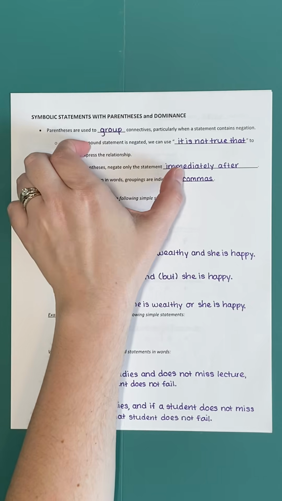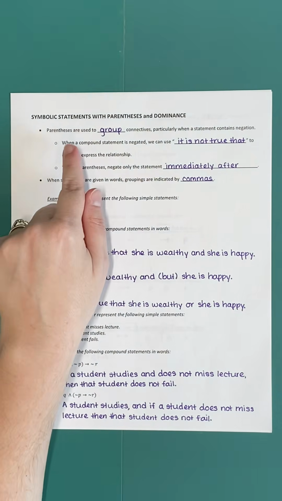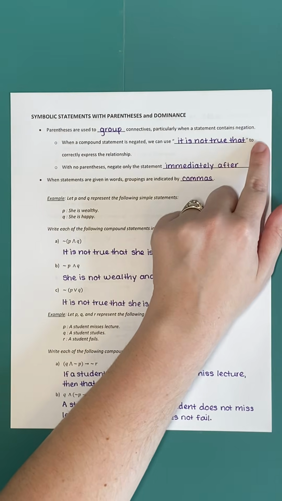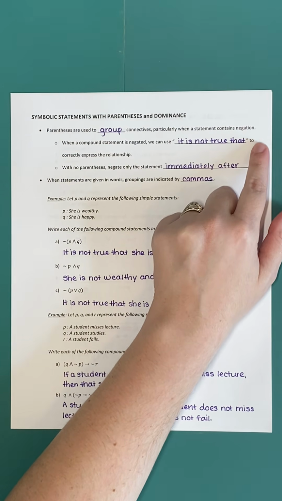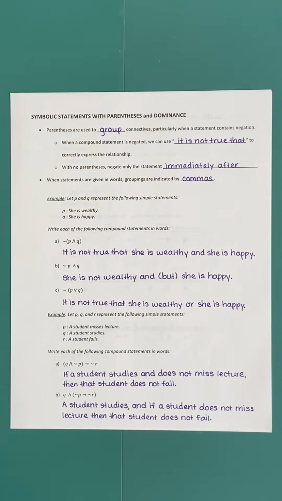So we'll express the compound statement, put it in words, and in front of that we can put it is not true that, or it is not the case that. And then you can list the compound statement. So whenever we see that wording, it indicates that we're negating the entire compound statement that comes after it. We're taking that whole thing as one particular unit, and negating it as one single unit.